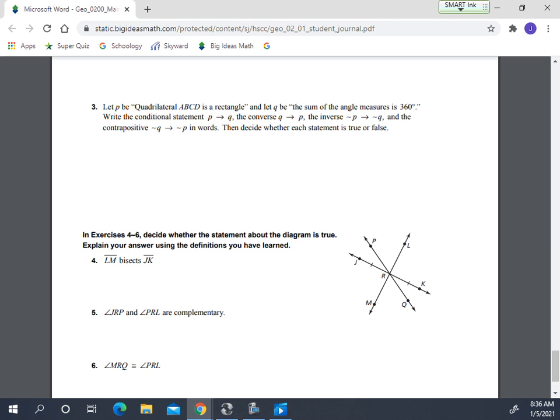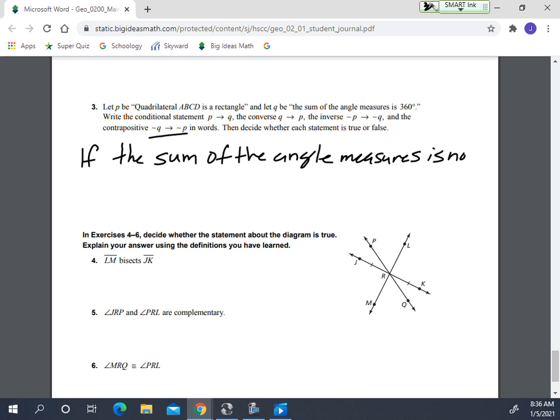The contrapositive is not Q, then not P. So if the sum of the angle measures is not 360 degrees, then ABCD is not a rectangle.